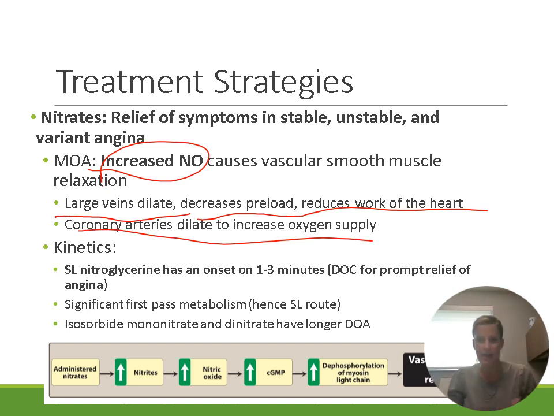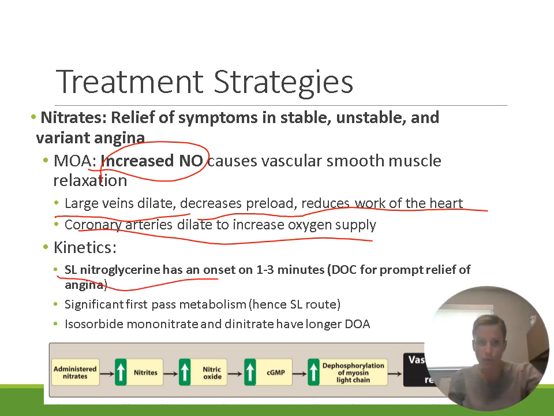So kinetics. When we look at the nitrates, we have nitrates in a couple different versions. There's the nitroglycerin. Nitroglycerin is like the quick acting. And then we also have longer acting. So first off, let's talk about the sublingual nitroglycerin.